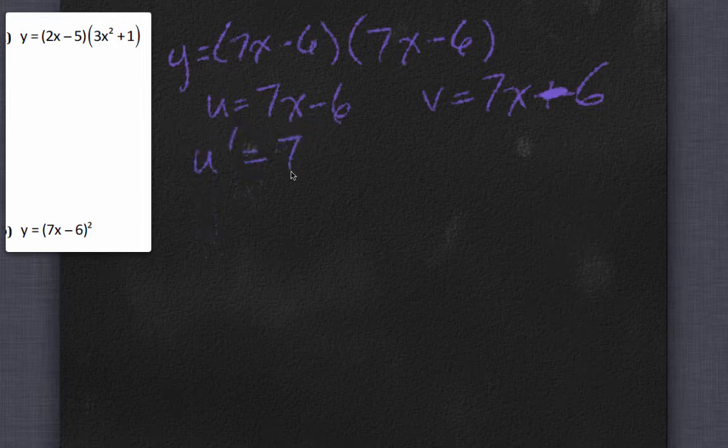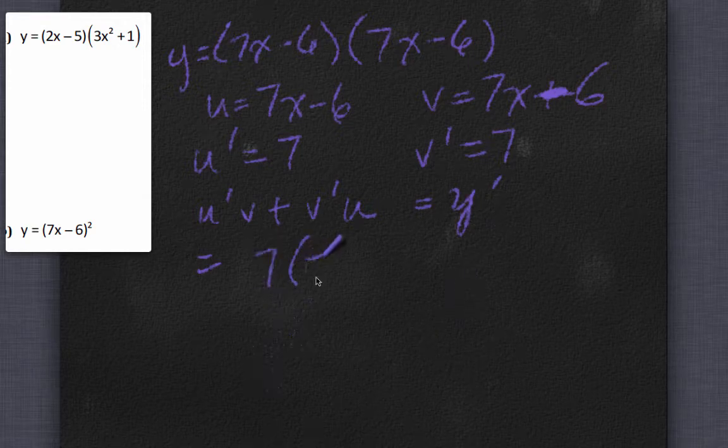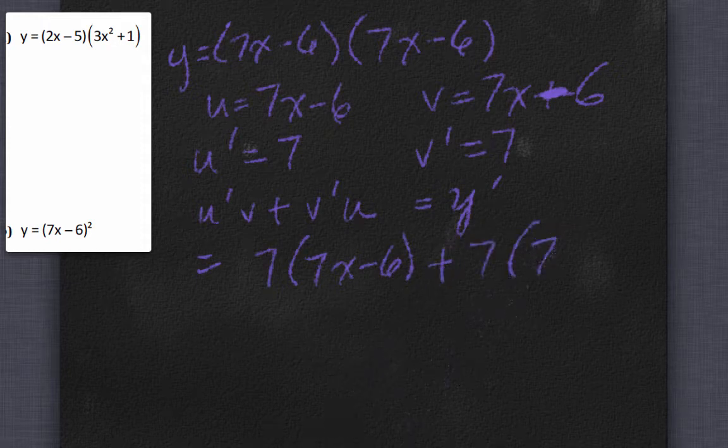U prime is 7, v prime is 7. So u prime v plus v prime u is, on the one hand, y prime, on the other hand, 7 times 7x minus 6 plus 7 times 7x minus 6. Pay attention to this. I'm going to reference this later, that we basically have the same thing appearing 2 times.